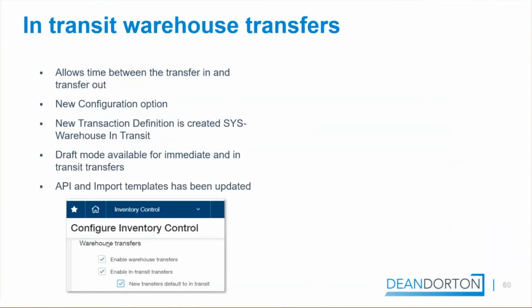So if you go into inventory control, under enable in-transit transfers, the box here now to new transfers default to in-transit.